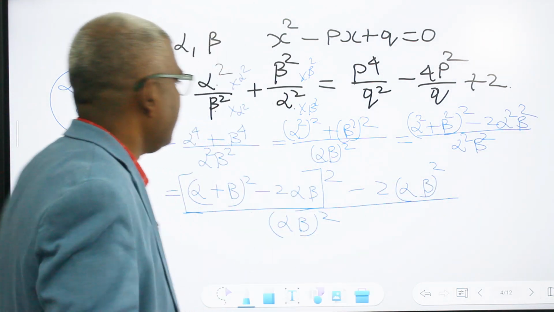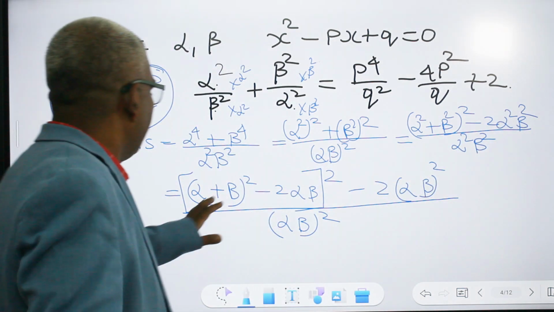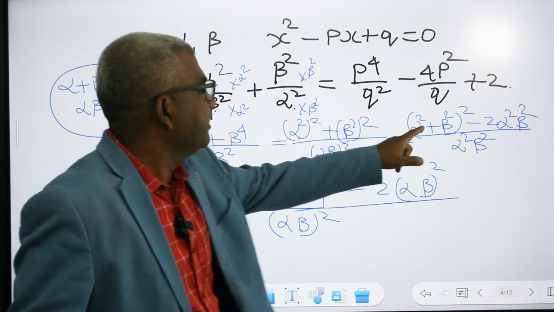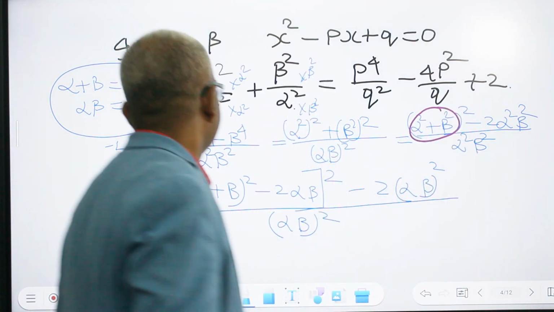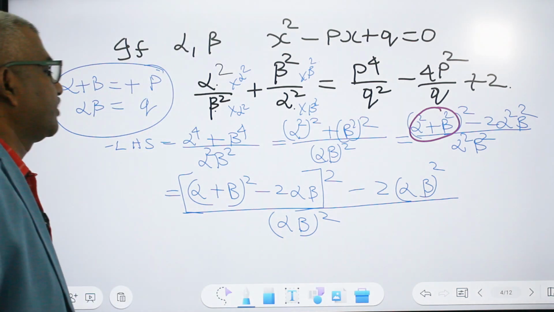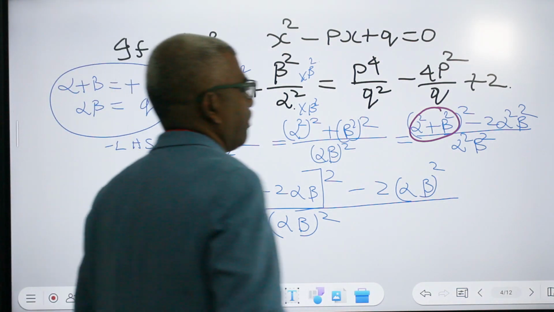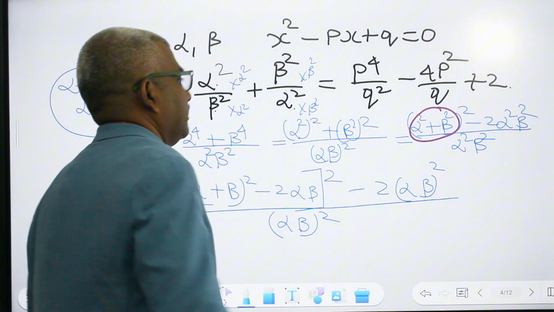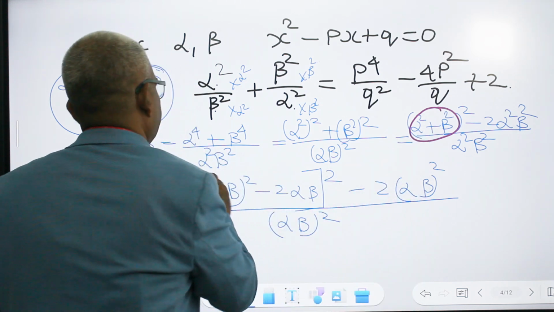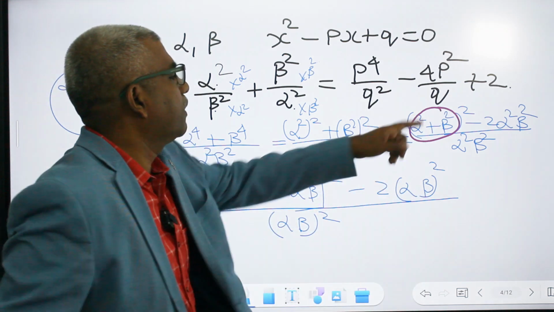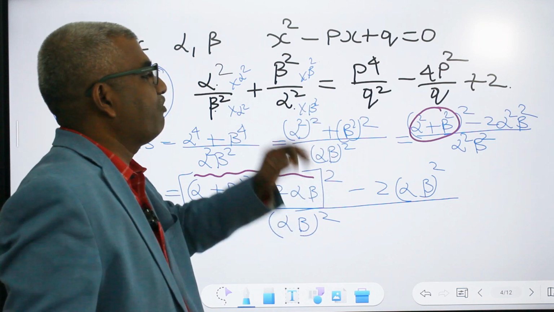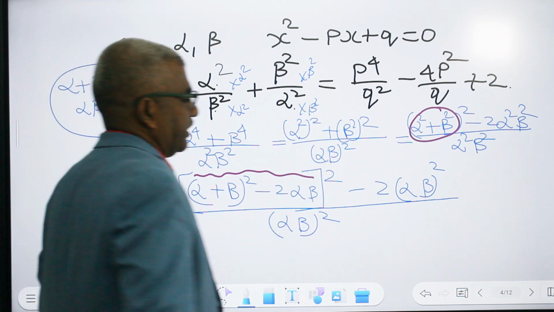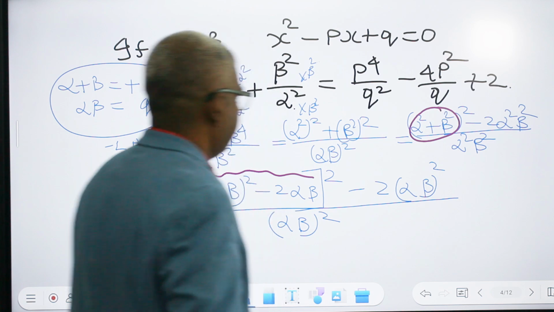Got it? Okay. Now, again, this one only I am focusing. Alpha plus beta whole square minus 2 alpha beta square minus 2 alpha beta square divided by, this one will become this one. A squared plus b squared is a plus b whole square minus 2ab. Here a is alpha, b is beta. Okay. Now we did it.